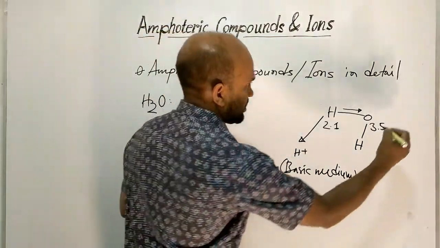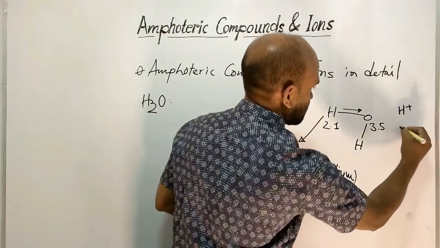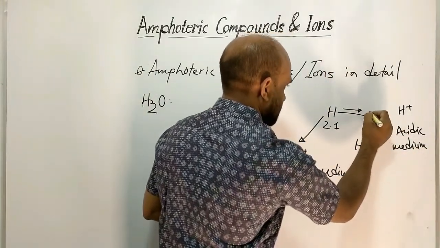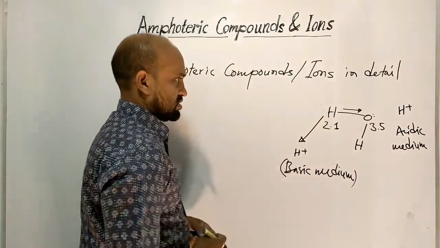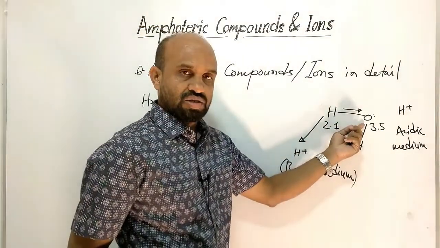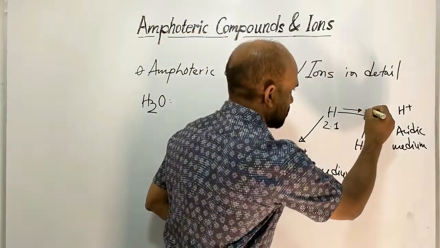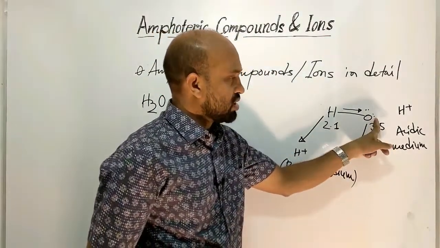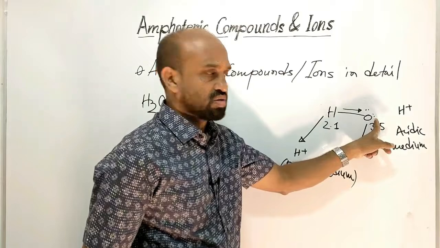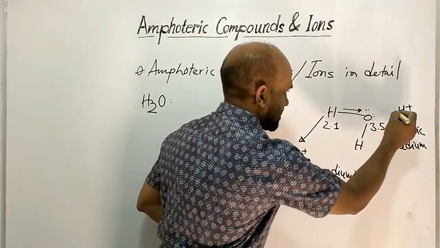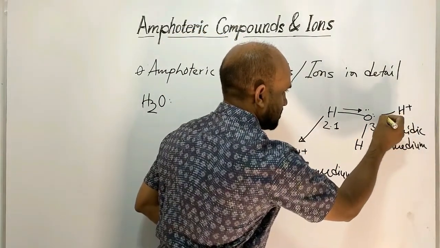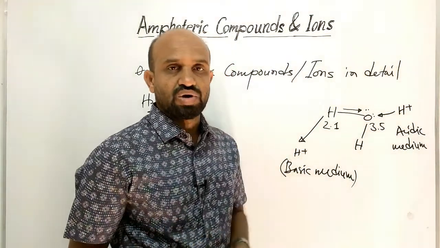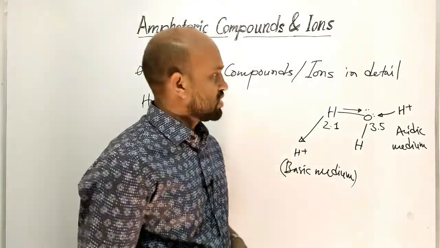In acidic medium, the lone pair of electrons, oxygen contains two lone pairs of electrons. Using one lone pair of electrons, oxygen binds a hydrogen ion towards itself through a coordinate covalent bond.